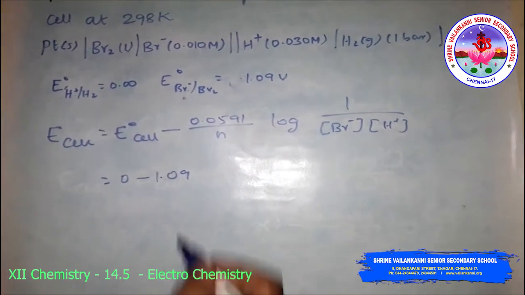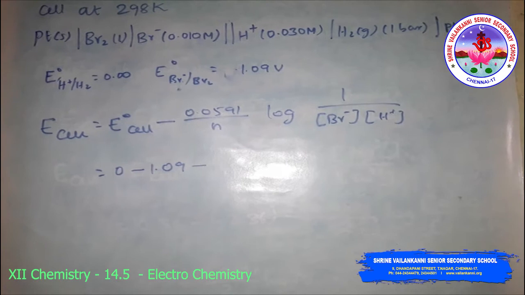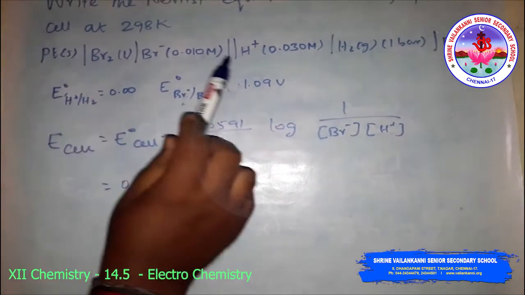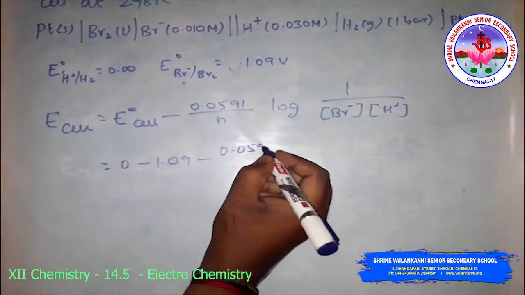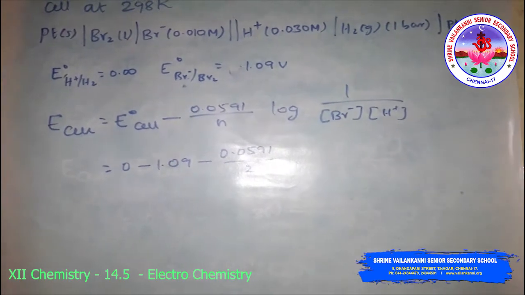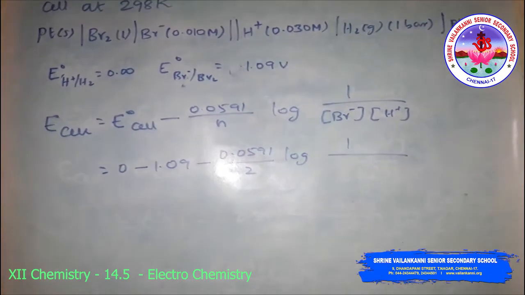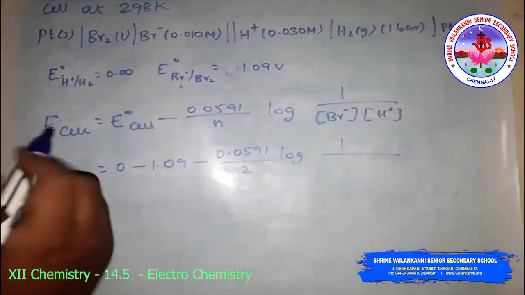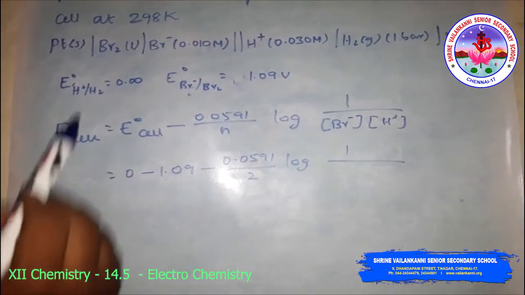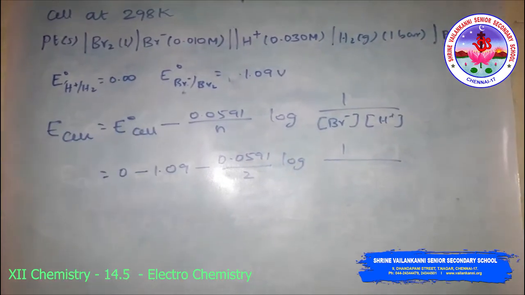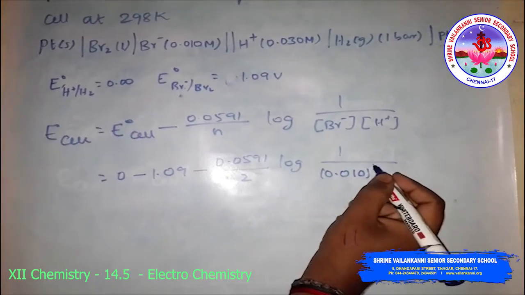1.09. Then the number of electrons: Br2 and 2 H plus, so the number of electrons is 2. So 0.0591 divided by n, n equal to 2, then log of 1 divided by Br minus. In the half cell reaction it is 2 Br minus, so the concentration value is 0.010 power 2.